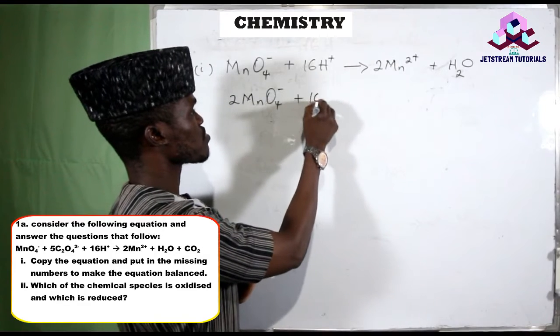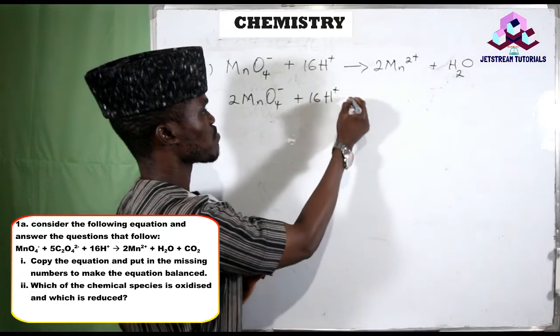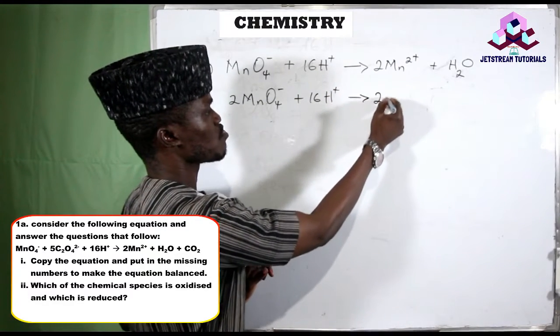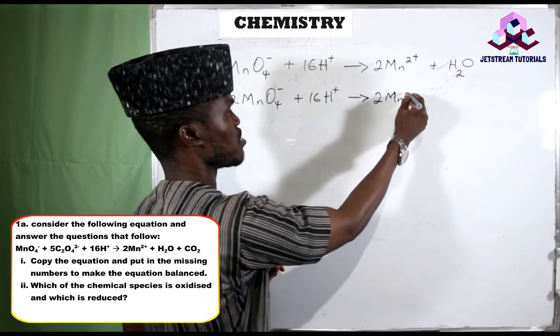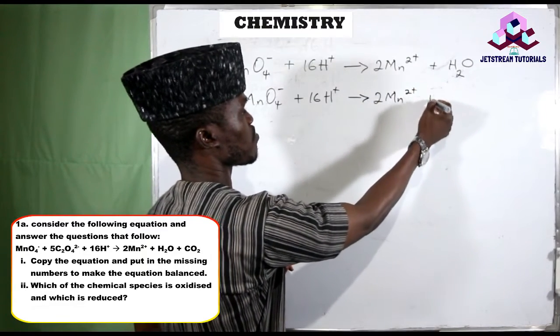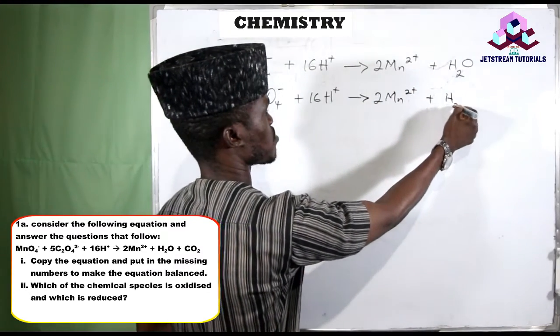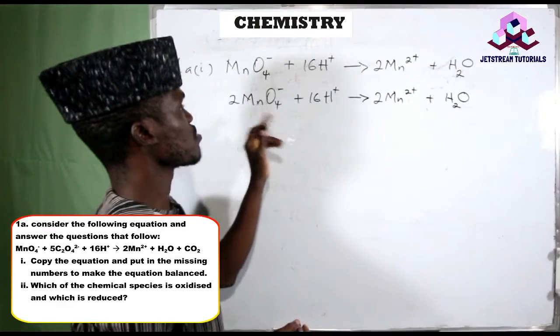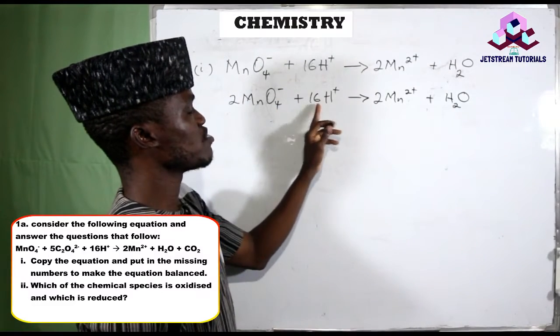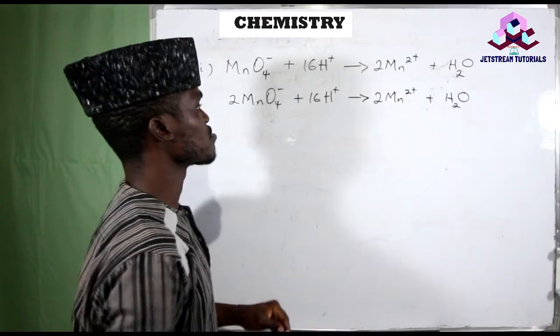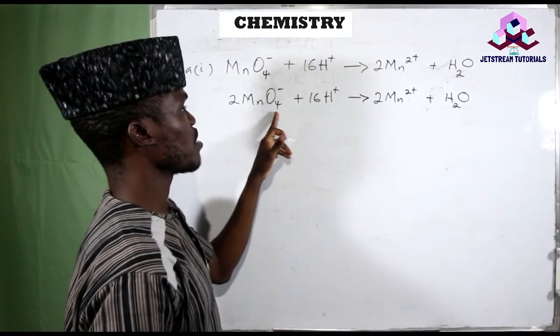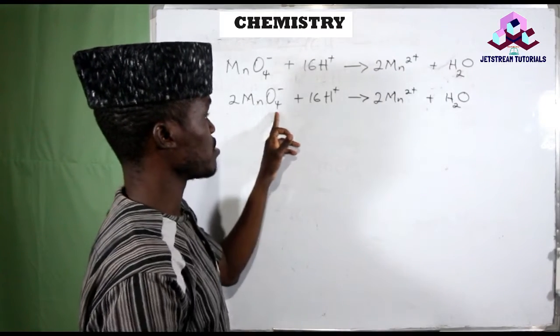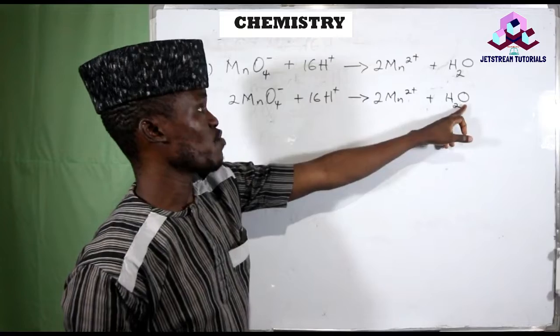Then you have plus 16 moles of hydrogen proton, which gives us 2 moles of manganese 2 ion plus water. Now our manganese ion is balanced, but oxygen and hydrogen atoms are not balanced. On the reactant side we have 8 oxygen atoms, while on the product side we have only 1.